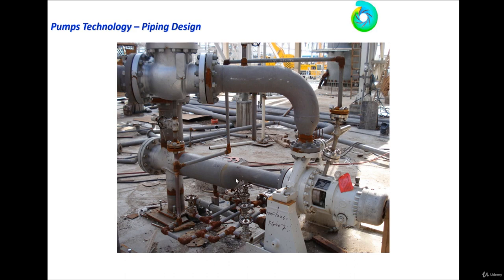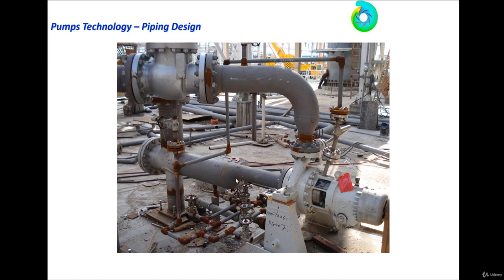On the discharge side, you can use a concentric reducer, to reduce the fluctuation and vortices in the incoming fluid and the losses at the suction of the pump.